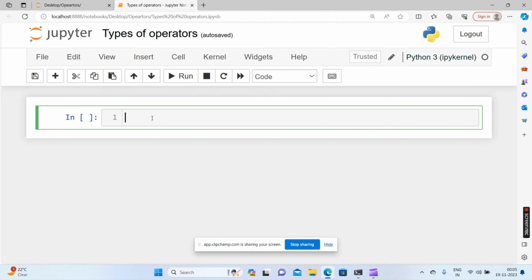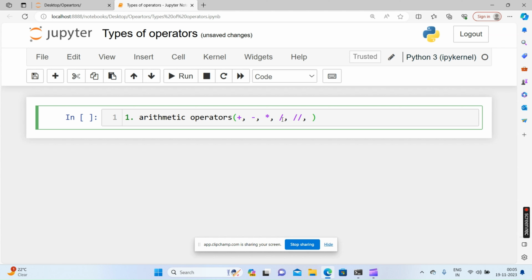So the first type is arithmetic operators. Those are addition, subtraction, multiplication, division, float division.